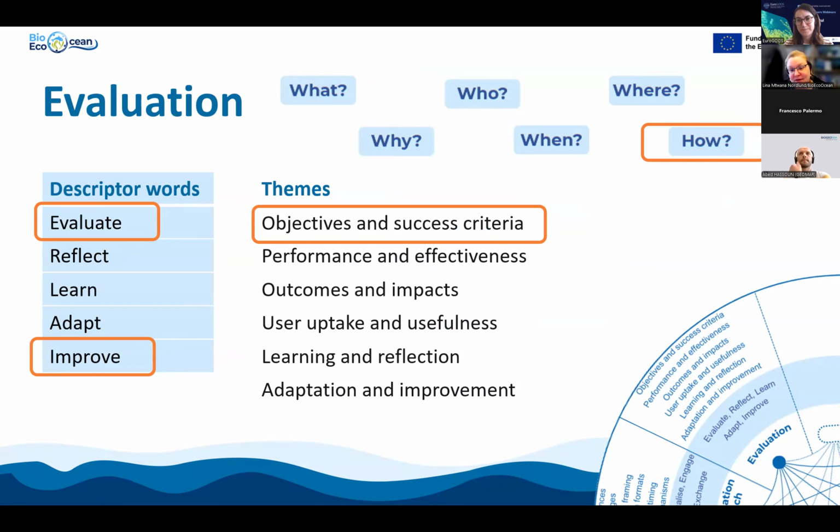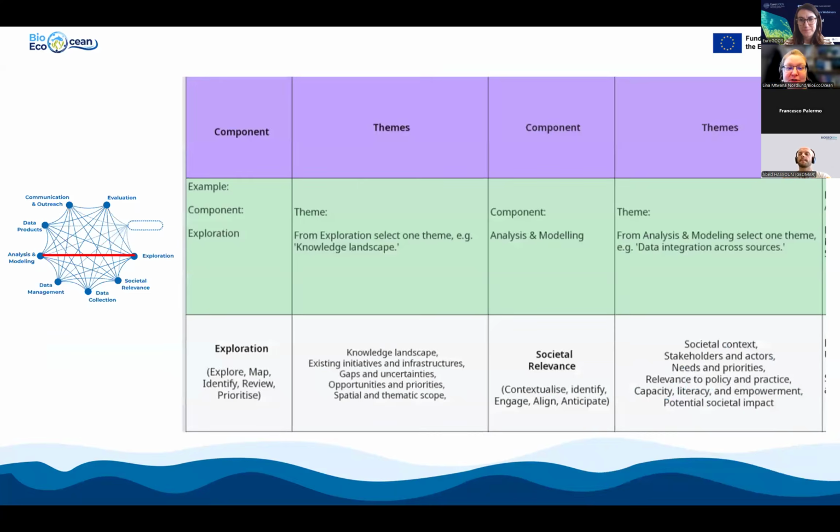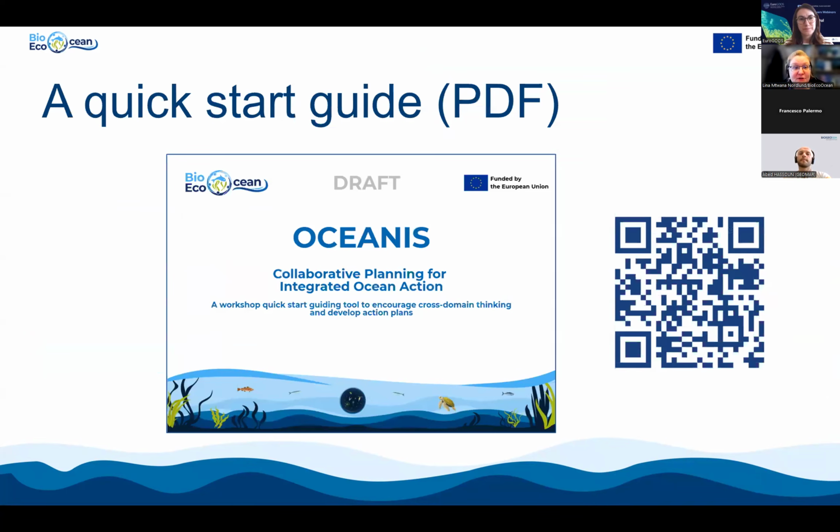The advanced version is to start combining different themes, for example exploration and societal relevance, and start talking across those components. If anyone is interested in having a look at the Quick Start Guide, it's available here. Again, I will post it in the chat.